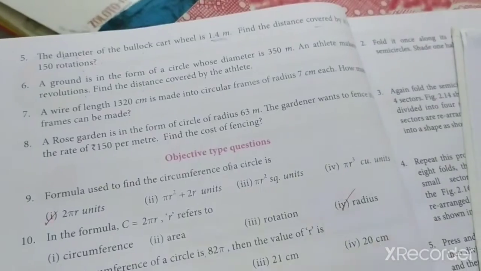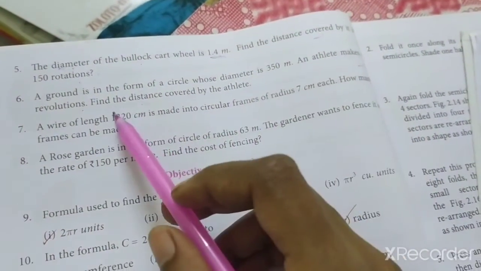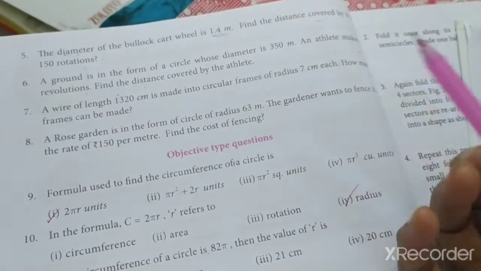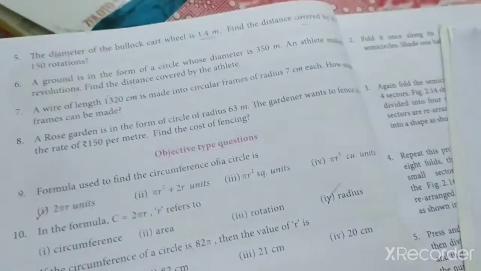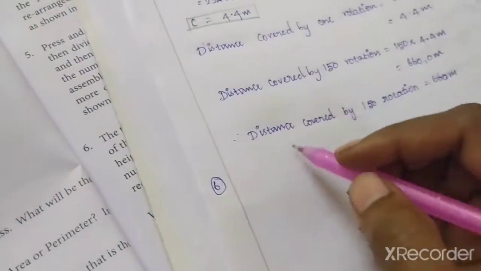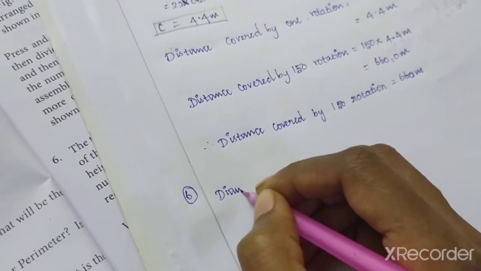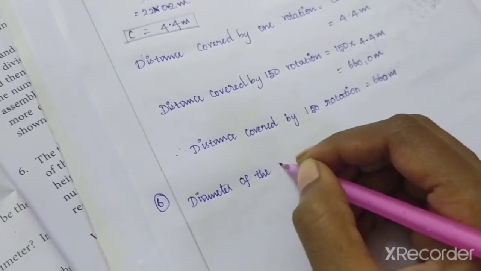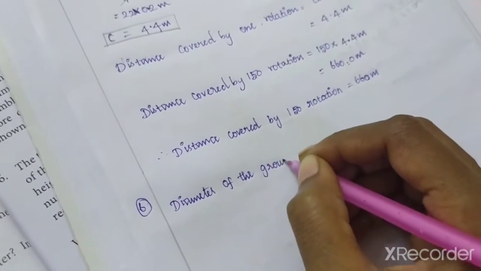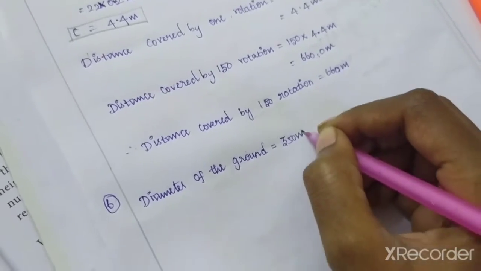How many times are they going around the ground? 4 times. So first I'm going to find the outer layer, the circumference. So the diameter of the ground is equal to 350 meter.